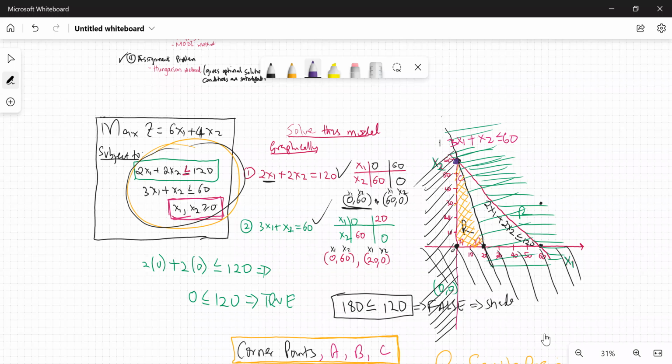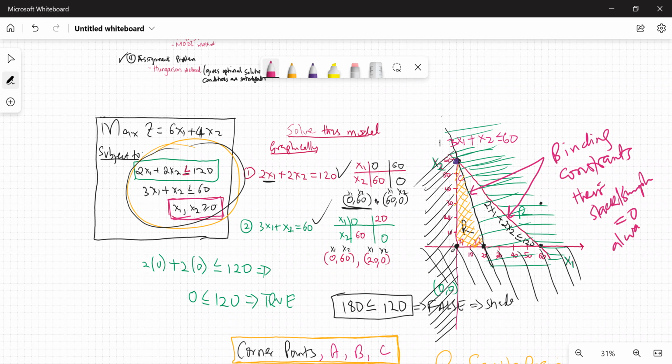Like in our example here, these two are binding constraints, and their slack or surplus is always 0.